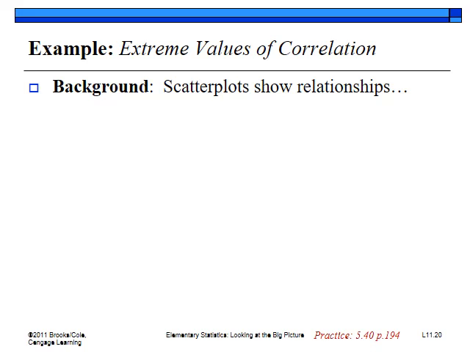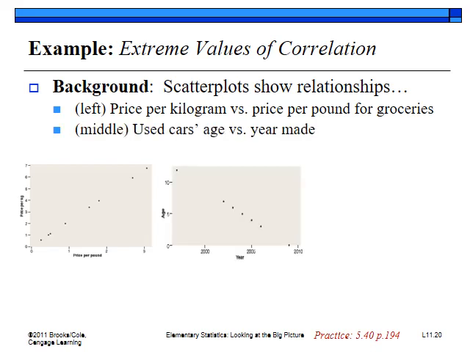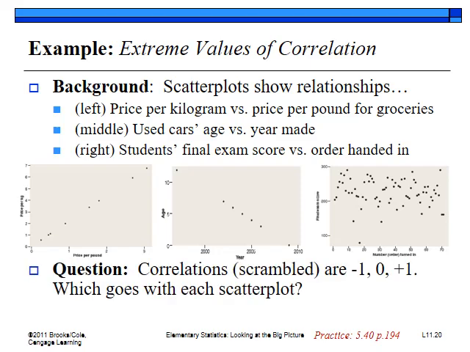Here we see the scatter plots that show relationships between price per kilogram versus price per pound for groceries, used car's age versus the year the car was made, and students' final exam score compared to at what point it was handed in. Now, one of these has correlation -1, one has correlation +1, the other has correlation 0. Which one is which?